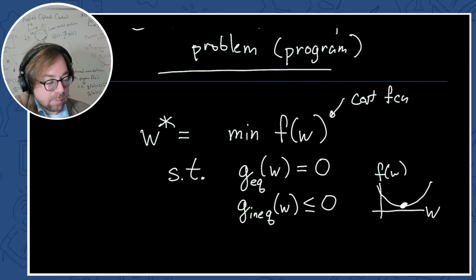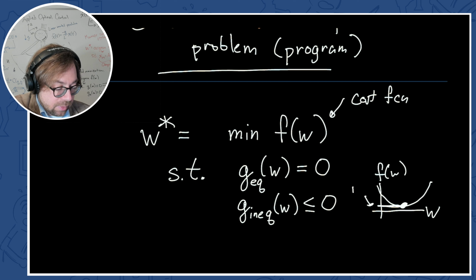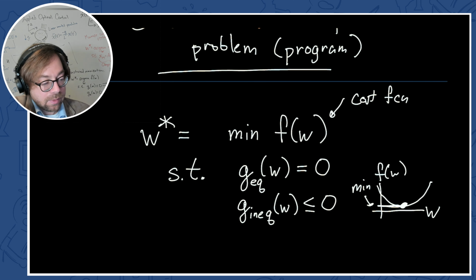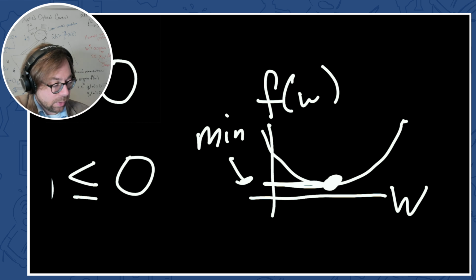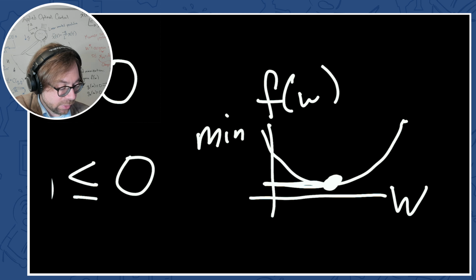So what is the minimum? We would say the minimum is this value right here. Let me zoom in so you can see a little better. That's the minimum. Pointing at the minimum.